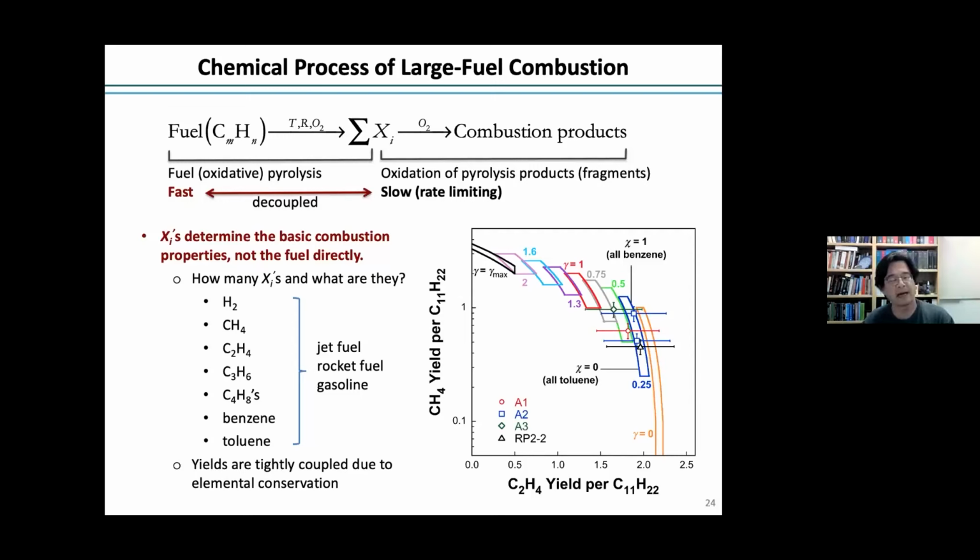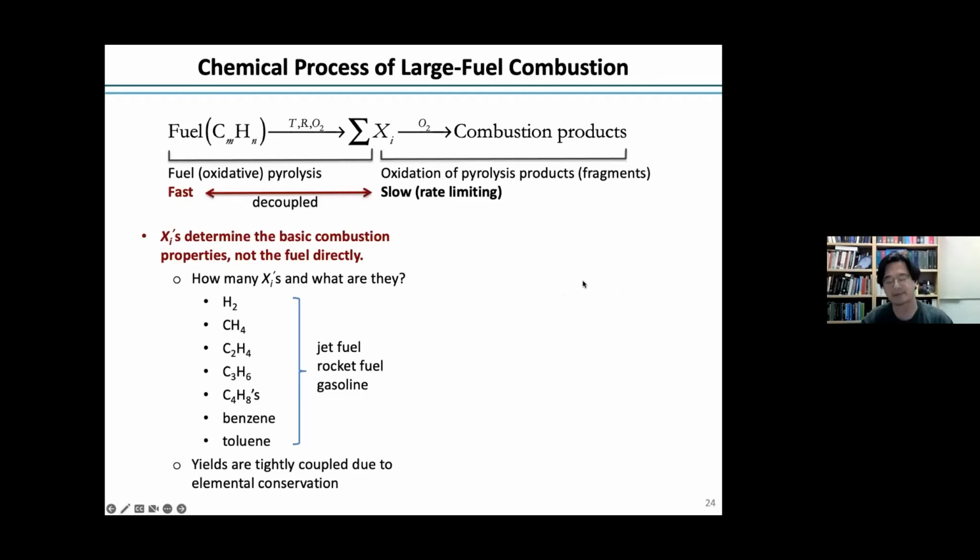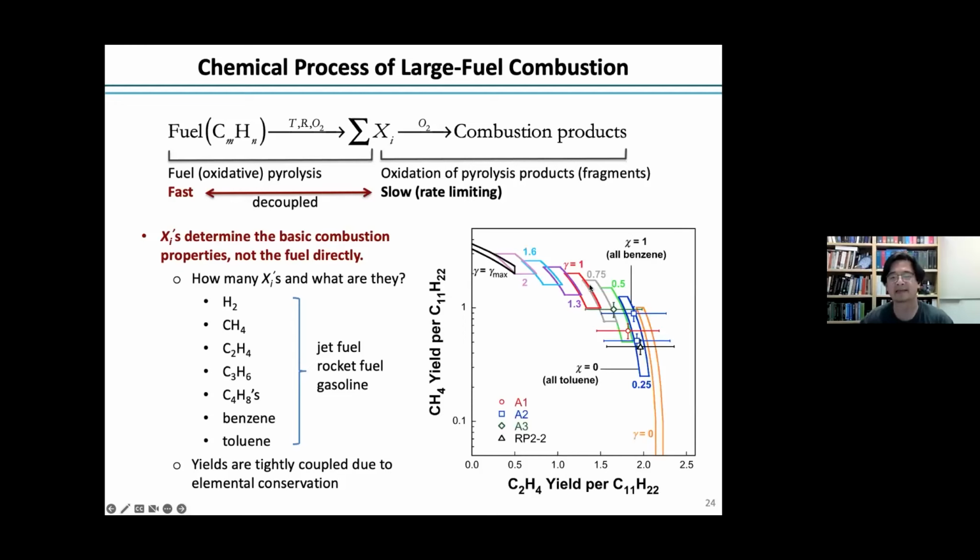But since your carbon to hydrogen ratio in the fuel is known, in fact, your dissociation products must be correlated to each other. For example, if you look at the ethylene yield per any kind of fuel molecule, say C11H22, plot against the methane yield, they are highly correlated, okay?